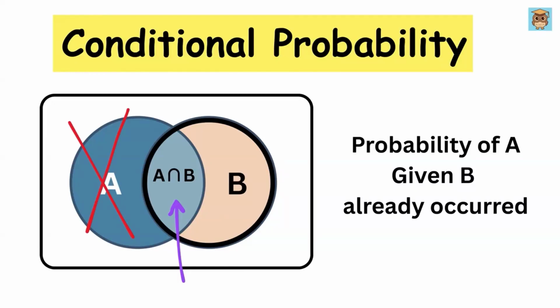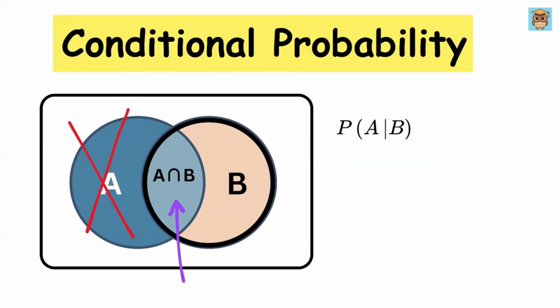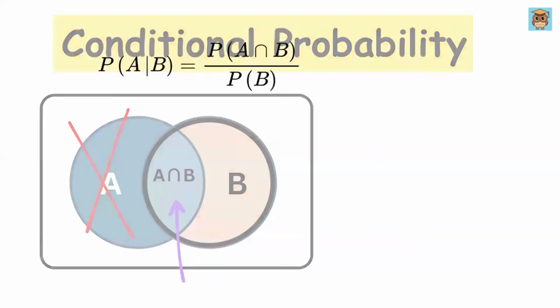That's exactly what conditional probability means. Therefore, the formula will now be simple. The conditional probability of A given B, which we represent like this, is equal to the probability of both A and B happening together, divided by the probability of just B happening, and that's it.